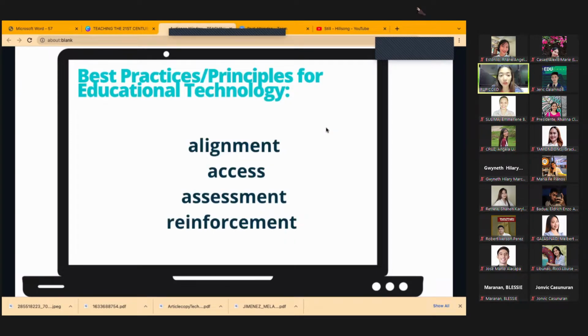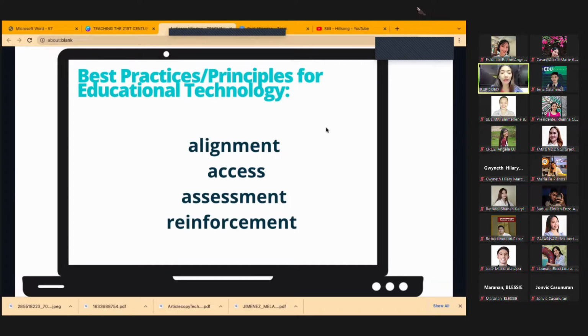Okay, so again, when we talk about educational technology, what are the 4 principles that we have to remember? Your final output in this class is to conduct your individual demonstration, to demonstrate effective utilization of technology in your specific lessons.